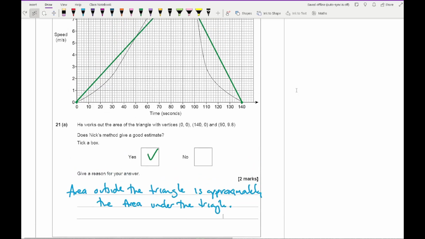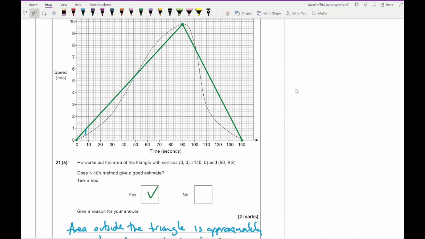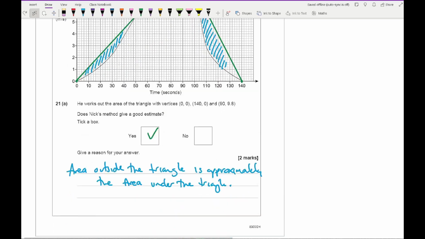So in other words, what we're saying is that this area here and let's say this area here is roughly, I would say approximately the same as those areas there. It might be an underestimate, but it's never going to be accurate, but I would say yeah, Nick's probably okay to use that method.